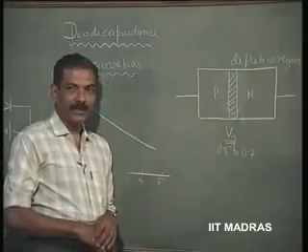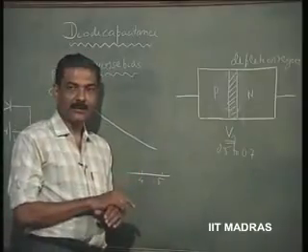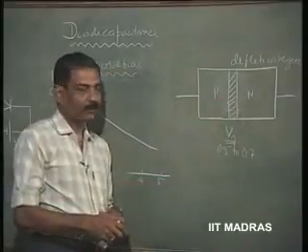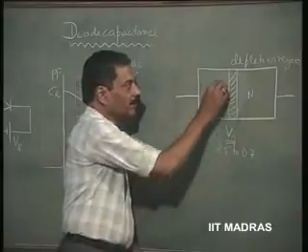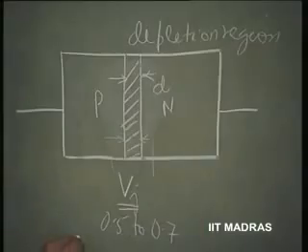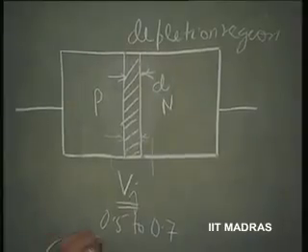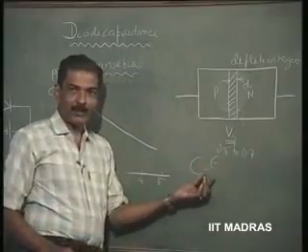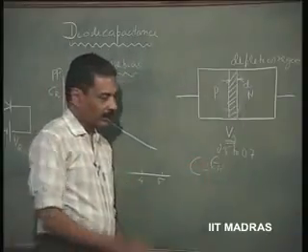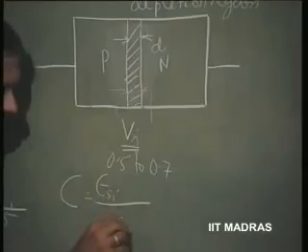Therefore, we can always say that a junction diode under reverse bias condition, apart from being considered DC wise carrying only the reverse current, can also be constituted to have a capacitance which is dependent upon this. So, if the depletion layer width is, let us say, d, then the capacitance is epsilon, where epsilon corresponds to that of silicon, divided by d, into area.